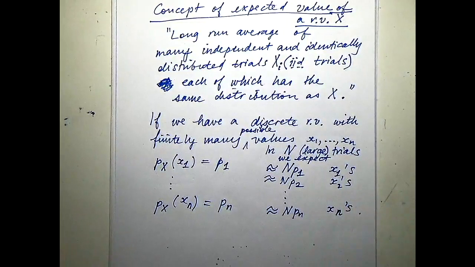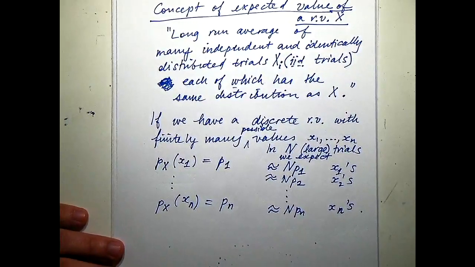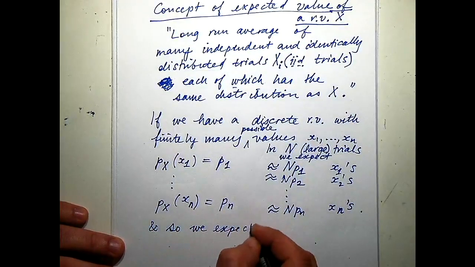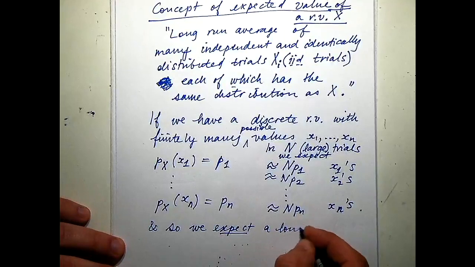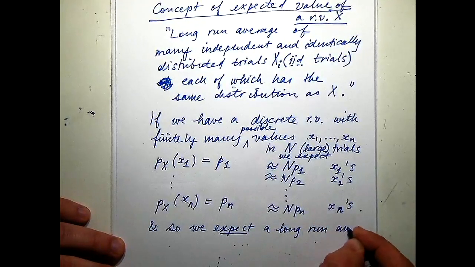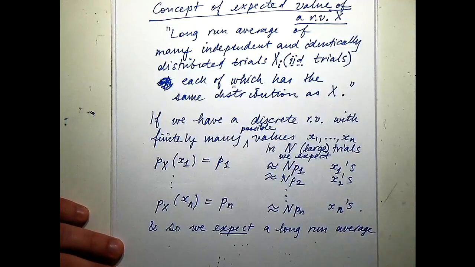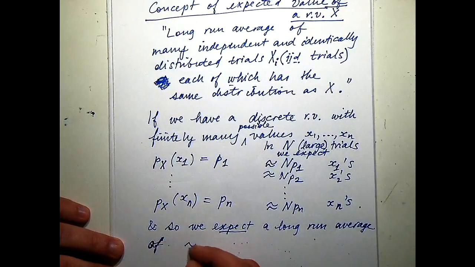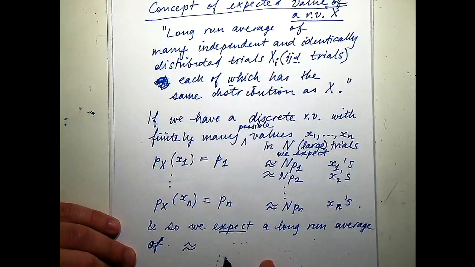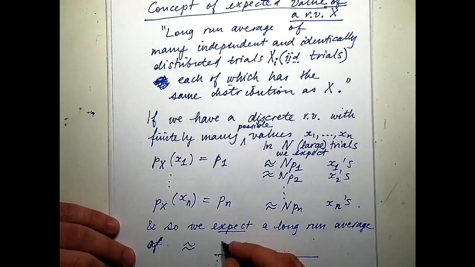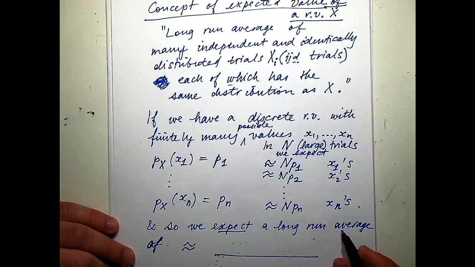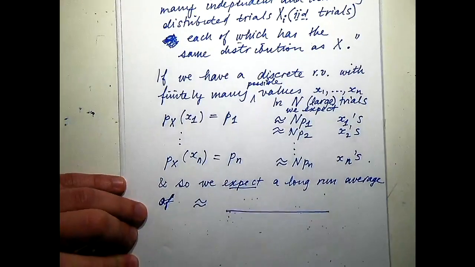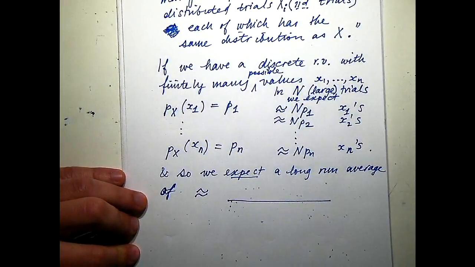So that's what we expect of each trial, and so we expect a long-run average. It's all about the long-run average, approximately. Now, to do an average, you have to add up all the measurements and divide by the number of measurements.